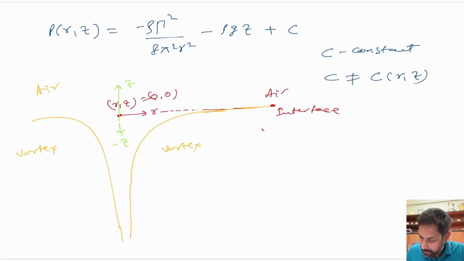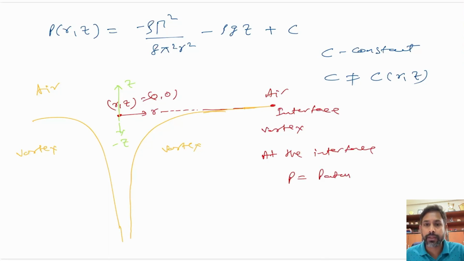Above is the air, this is the vortex, and that means at the interface P must be equal to P atmospheric, right? So that is the definition. That is how we define P atmospheric or atmospheric pressure. So at the interface, pressure is P atmospheric, and where is the interface? That is at r tends to infinity, right?